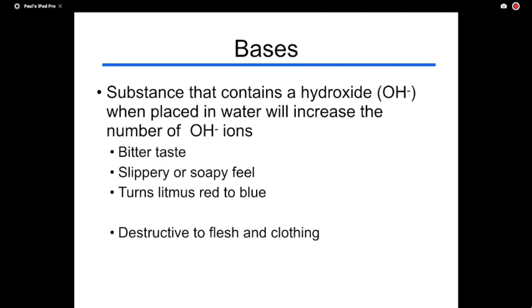Okay. Again, it turns the dye litmus from the red state into the blue state. It is also destructive to flesh and clothing. Okay, so it will eat things up. In actuality, if you splashed acid on your hand and you splashed the same concentration of base on your hand, the base will actually burn worse than the acid.